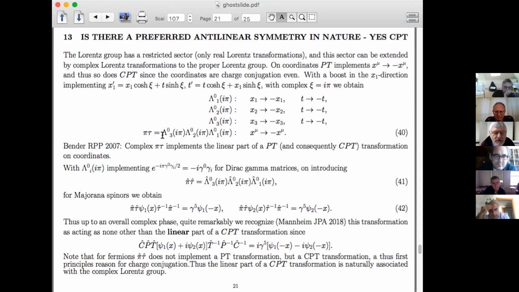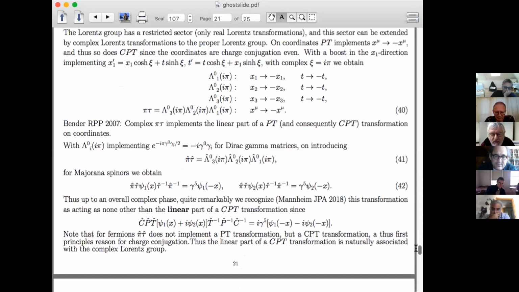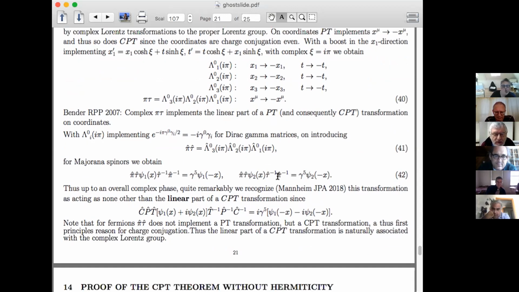For the same operators, you just evaluate it with the Dirac matrices, and you introduce the product of the 3, now acting on the spinor space. And what you find is, if you have Majorana spinors, psi 1 goes to gamma 5 psi 1, and psi 2 goes to gamma 5 psi 2. That's the transformation. And if you just look at that, you'll realize that this is the linear part of a CPT transformation.